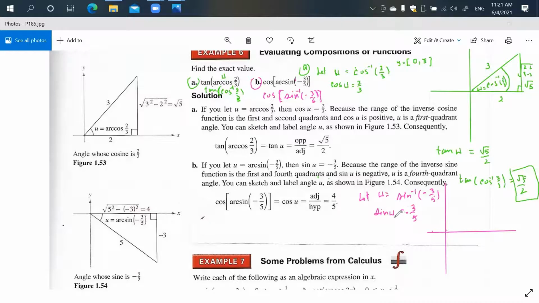Now, because the restriction of arc sine is quadrants 1 and 4, since it has to be from negative pi over 2 to pi over 2. Of quadrants 1 and 4, which one is sine negative? Quadrant 4, right? So we plot on quadrant 4.